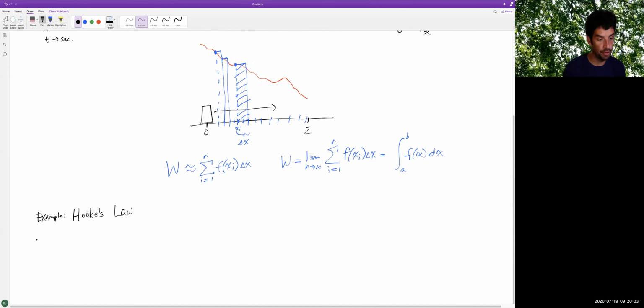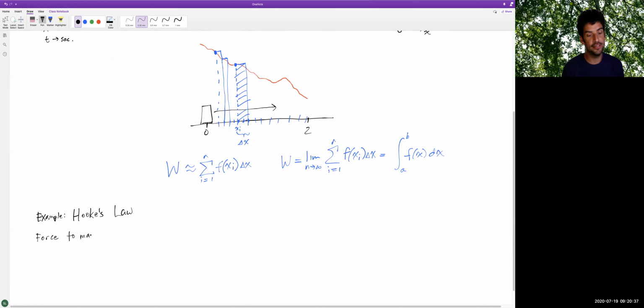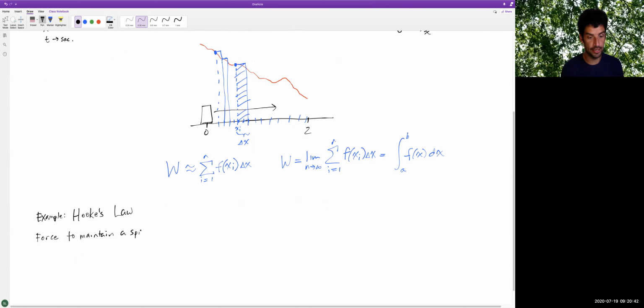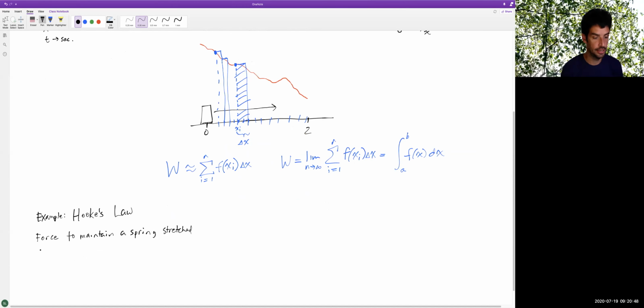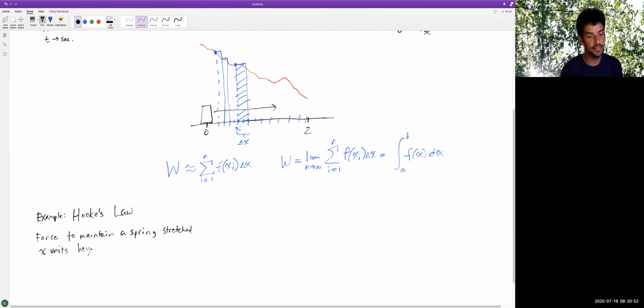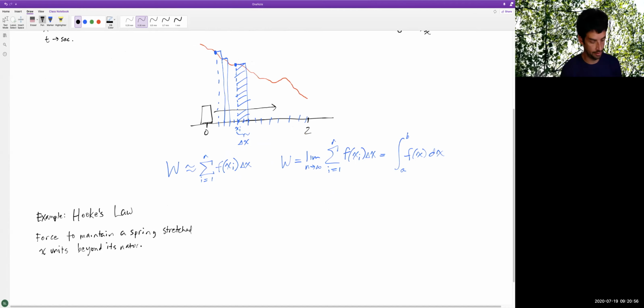This is the force, and then I'll explain exactly what I mean. The force to maintain a spring stretched x units beyond its natural length.